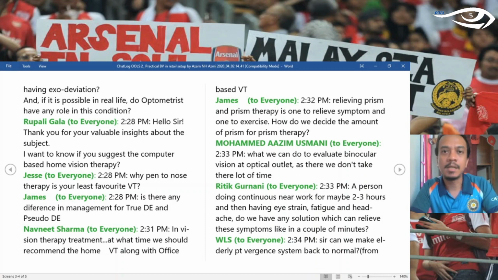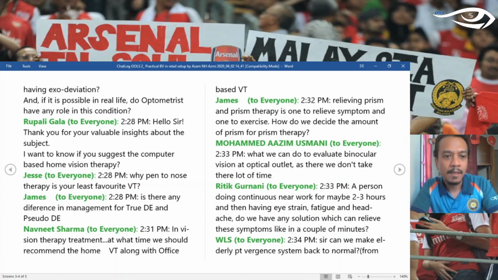That's why we want to establish what type of intermittent divergence excess exotropia your patient is facing, whether it's a true type or simulated type. Then the management will be different between these two.